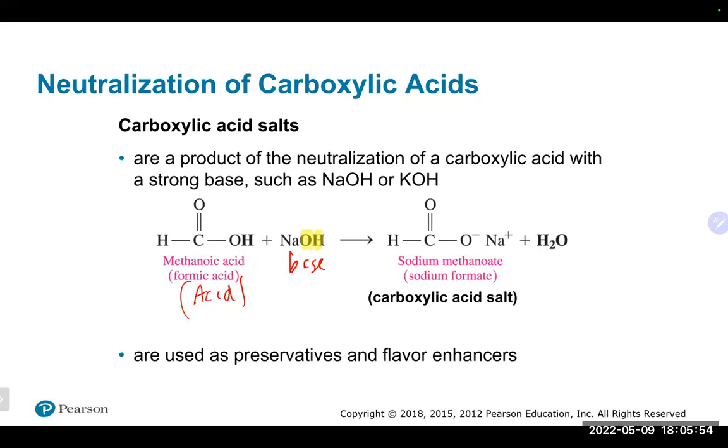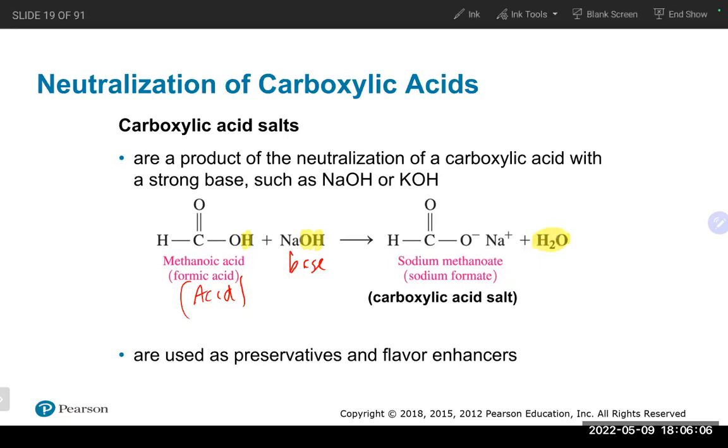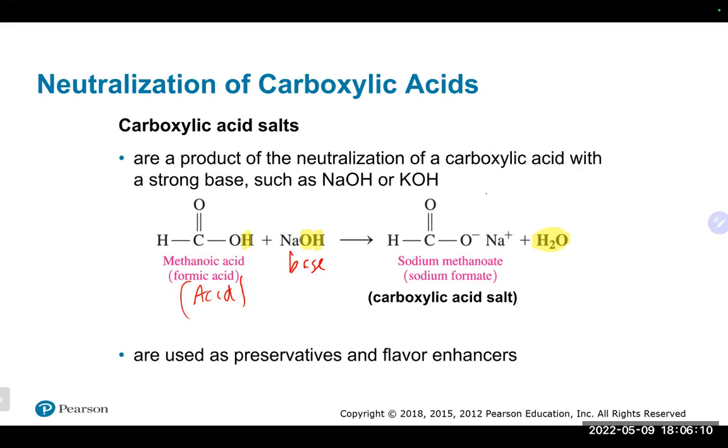And just like we talked about, it's going to be the H from the acid and the OH from the base that come together to form the water that we see over here. What is left is the other two parts come together, and that's what's sometimes referred to as a salt. So if you remember when we talked about acids and bases, that's basically the two things you get when you react an acid and base together: salt and water.